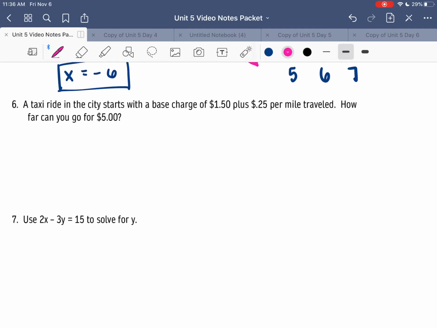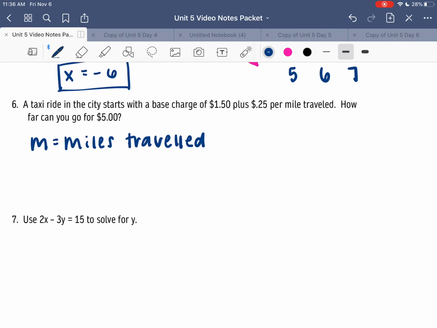This is all going to be based on how far we travel. So I'm going to write M for the miles, M equals miles traveled, so we know what our variable represents. And then I'm also going to make a note.